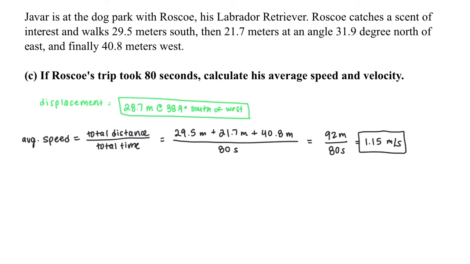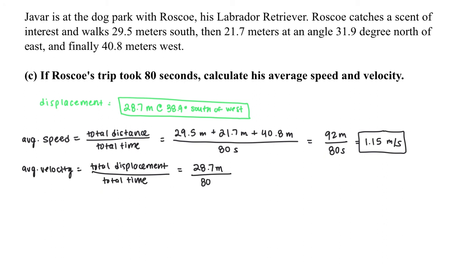Now, for average velocity, recall that the formula for average velocity is total displacement over total time. And in this case, I've already done the hard work of calculating my total displacement. That would be the magnitude of my resultant displacement vector. So his velocity would be 28.7 meters over 80 seconds.